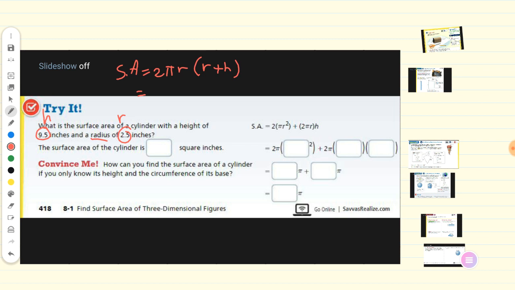He didn't give me the value of pi here, but I think he needs the answer in terms of pi, so we will not substitute pi by anything. So it's 2 multiplied by R, which is 2.5, multiplied by 2.5, which is the radius, plus the height, 9.5. After calculation, you will find it 60π.